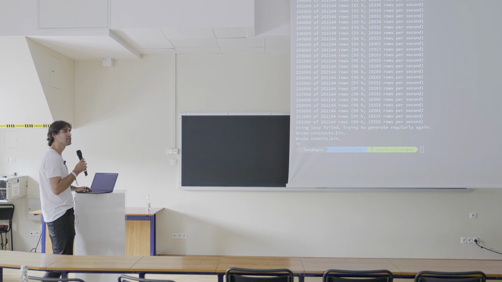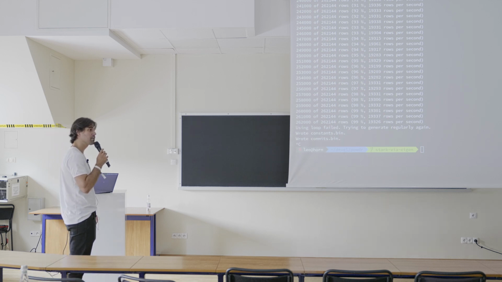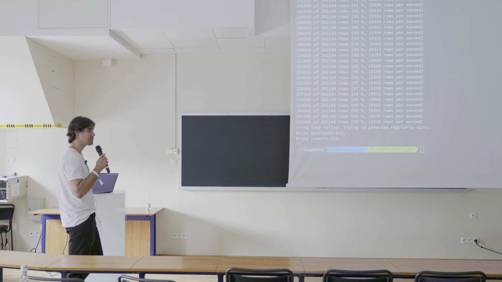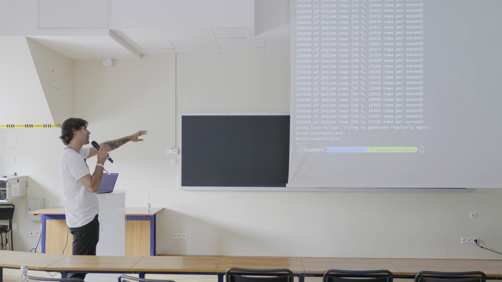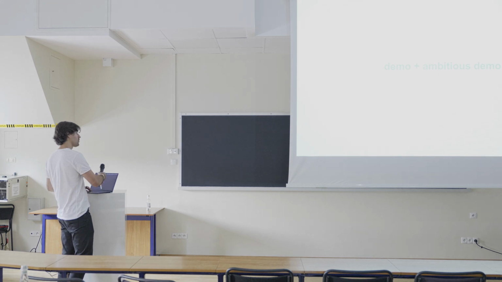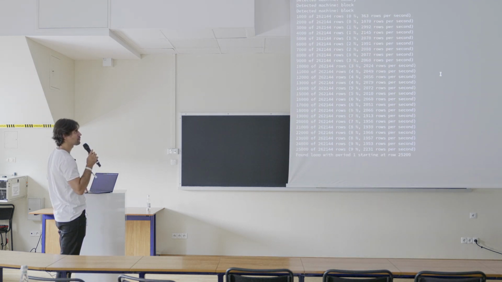Why does it try to use the loop? Sorry? So what happened here is that the actual execution trace from the Rust program stopped all the way up here somewhere.